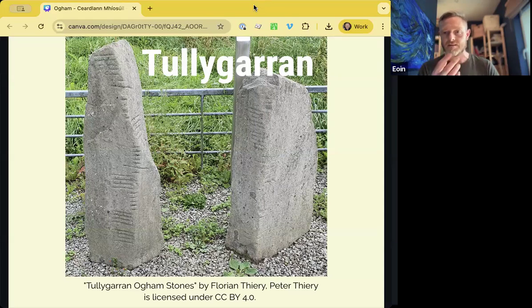It's all in the same story. These were exposed at an ancient burial ground. And then Lord Ventry said, okay, I'd like these to decorate my estate. So Lord Ventry had them taken further inland in County Kerry, east of Tralee.